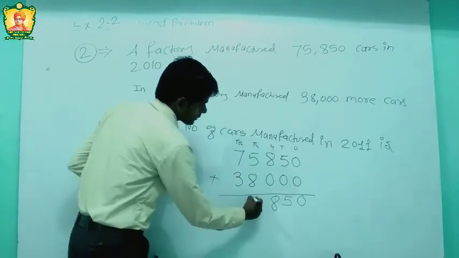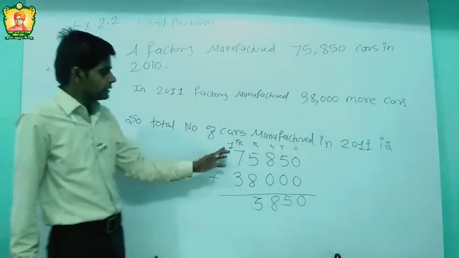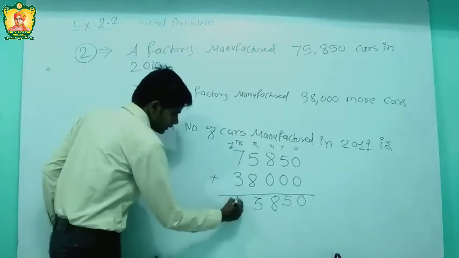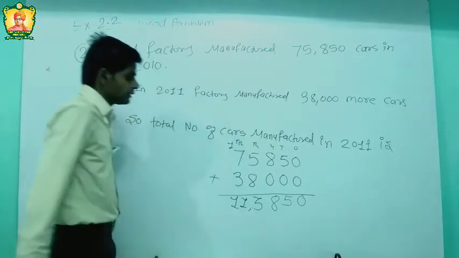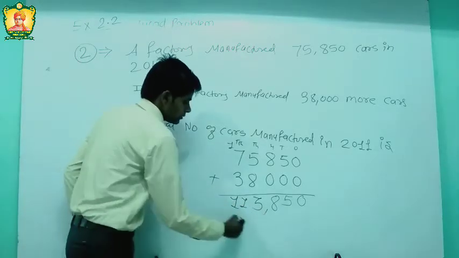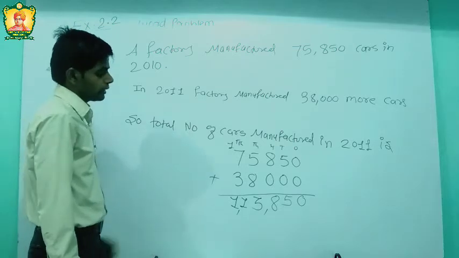So I will write 3 here and 1 will be carried forward to the 10,000 place. 7 plus 3 gives us 10 and 10 plus 1 gives us 11. So I will write directly 11 here. It is 11,300. No, sorry, wait, it is wrong. It is 1,13,850.